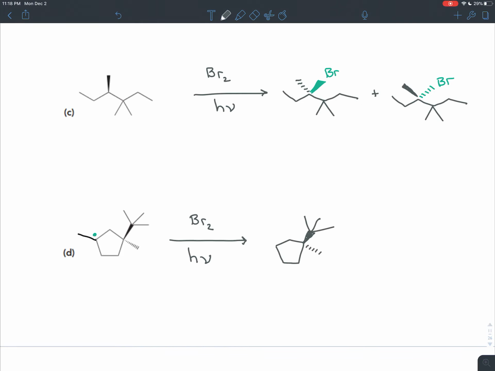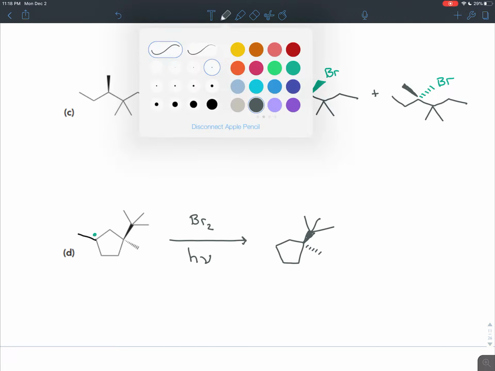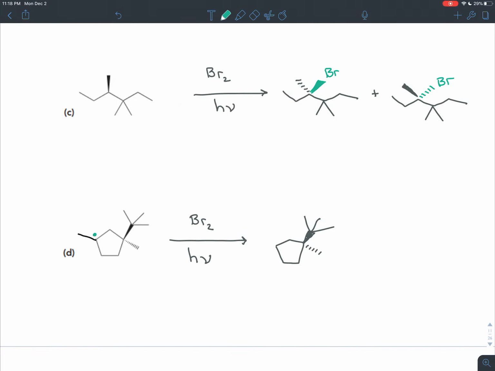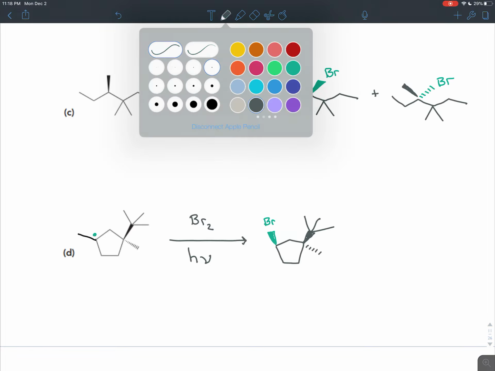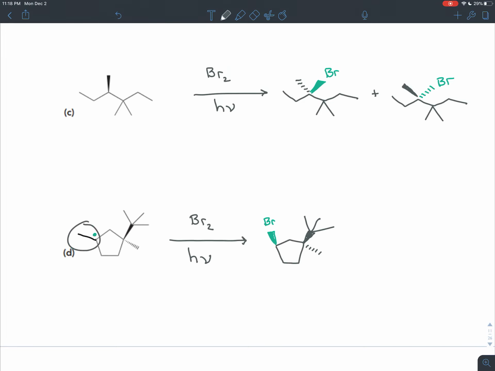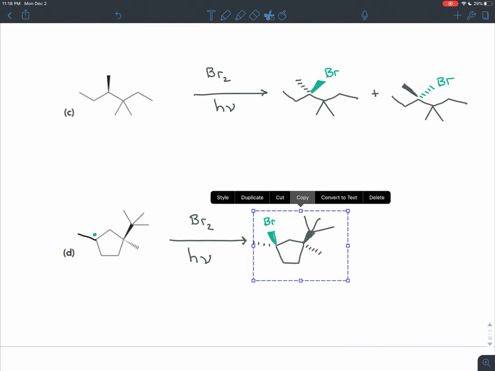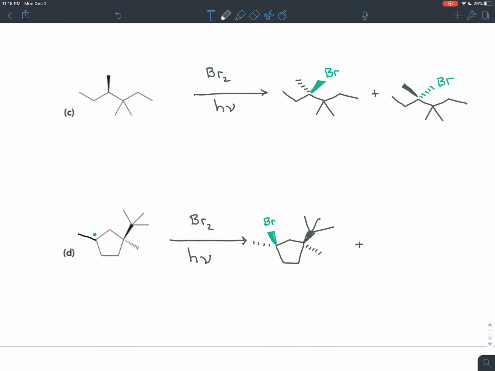On the one hand, it could attack from the top, in which case it would be coming out at us. So that second bromine radical would be bonded with a solid wedge. That would push this methyl group in the opposite direction. That would be going away. On the other hand, the radical was trigonal planar. It was flat, so there's no reason why the bromine would only attack from that side.